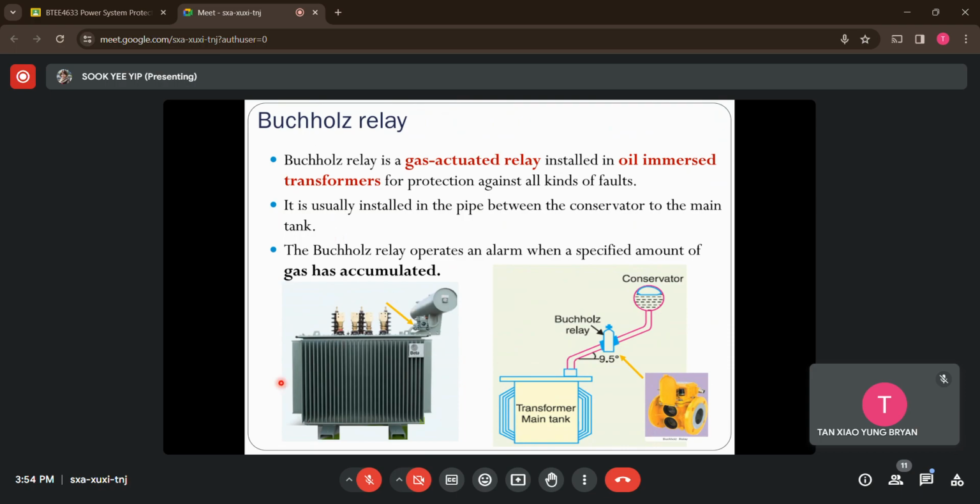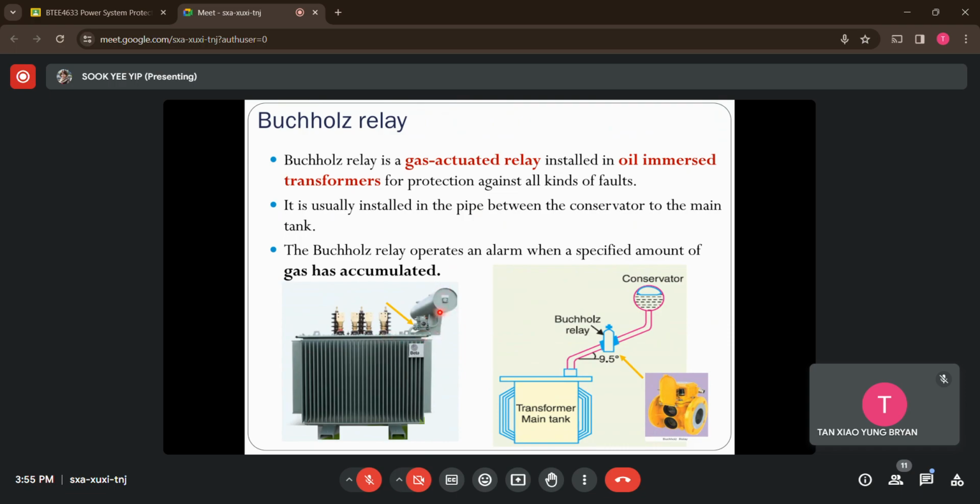If you look at these photos, the oil immersed type of transformer consists of two tanks. This is what we call the main tank. Remember, it is filled inside with transformer oil and submerged with the transformer core that is wound by the three-phase winding. And this is what we call the conservation tank. This conservation tank connects with the main tank via this pipe here.